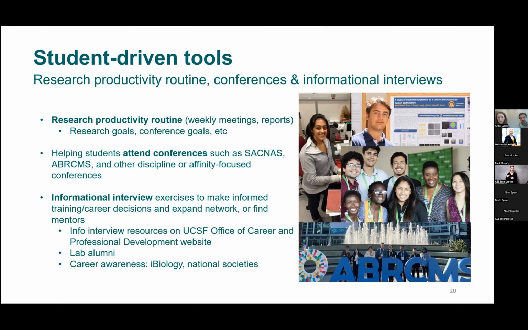There are many resources out there, of course, on how to conduct informational interviews, protocols that can be helpful for people who haven't done them before. UCSF has a really nice website that walks trainees through examples and ideas for how to do it, and we'll provide that resource at the end.